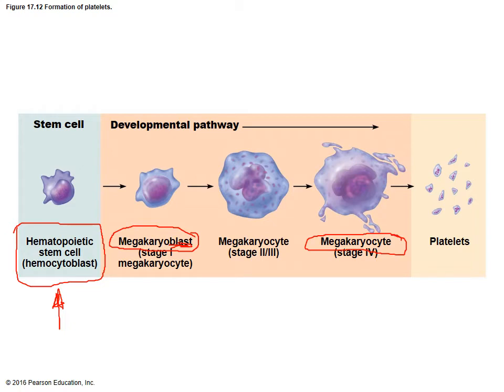The megakaryocyte is then the one that will release its fragments into the bloodstream, thereby producing our platelets. So hemopoietic stem cell makes our megakaryoblast, makes our megakaryocyte, and gives rise to our platelets.